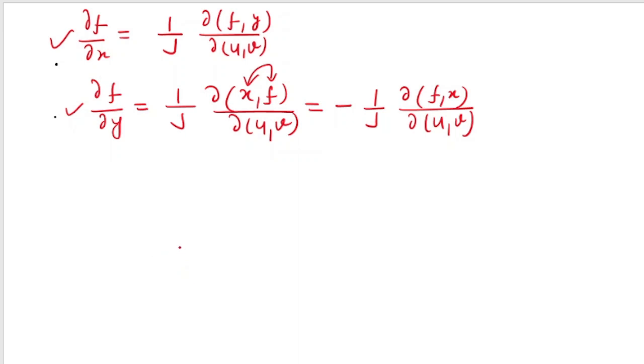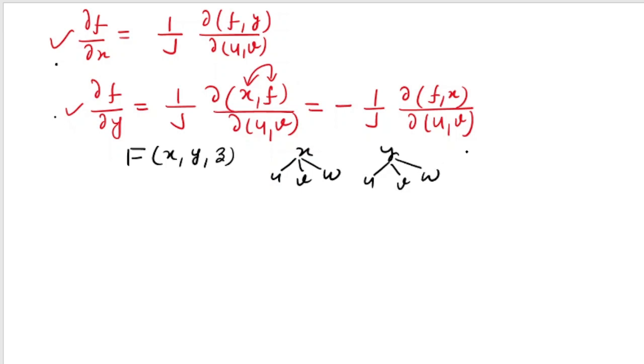This idea can be extended to any number of variables. So I am going to quickly write it for 3 variables. Suppose we have a function f which depends on 3 variables, x, y and z, and x depends on 3 variables u, v and w. Y also depends on u, v and w, and z also depends on u, v and w. So what do you think it will be?